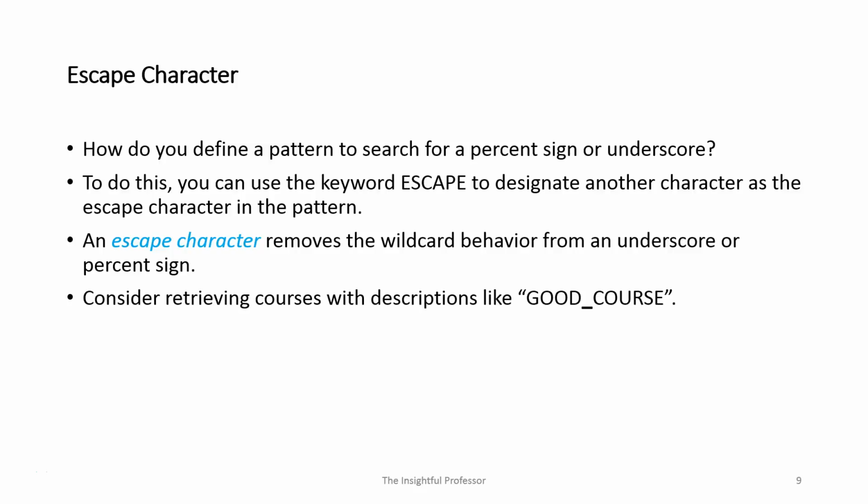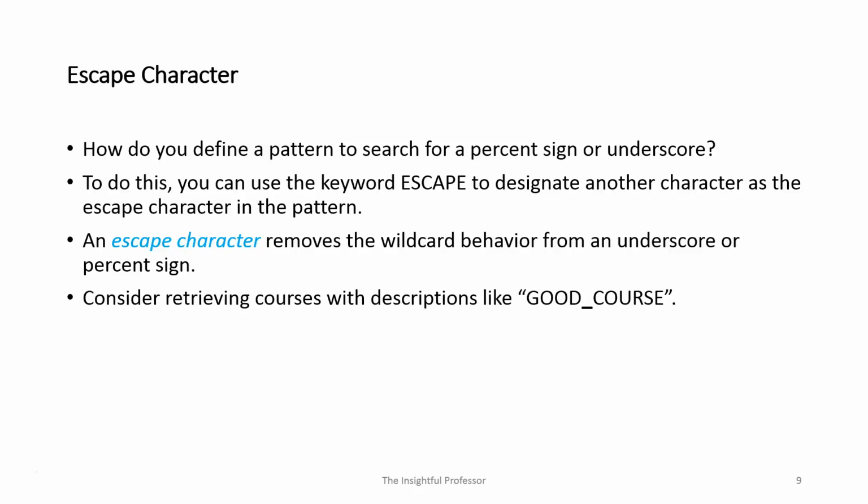The good news is the rows you're looking for would come back, but you'd get all of the other rows as well. That's the bad news. So what you need to do is to cancel out or neutralize the wildcard character power of the percent sign or the underscore, and make it just a regular, everyday type of character.